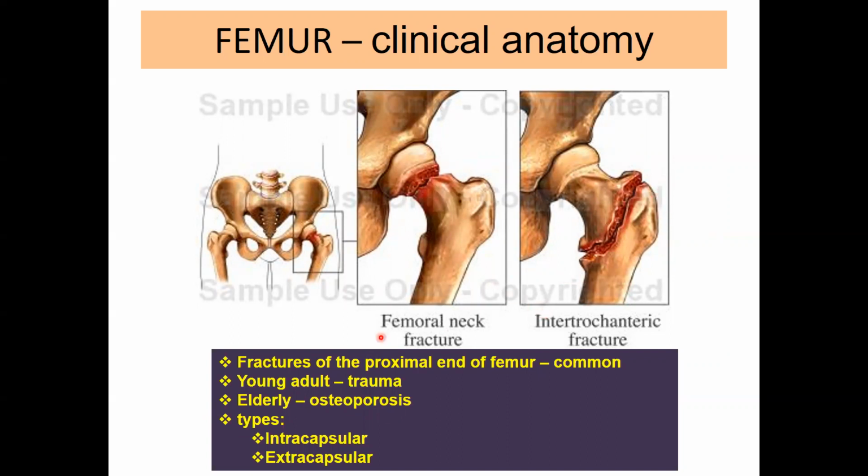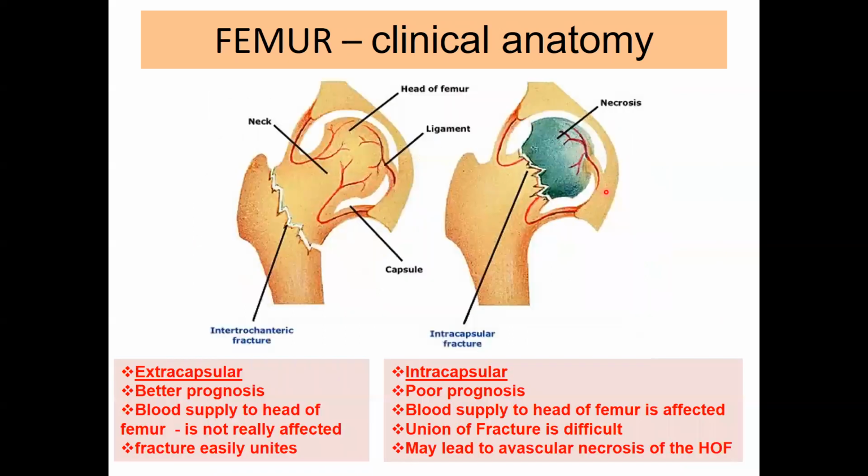Capsule in this sense is the capsule that forms the hip joint. You will learn this later in the joint lecture. So this is intracapsular because the fracture is within the capsule of the hip joint, and this is extracapsular because the fracture is located outside the capsule of the hip joint.